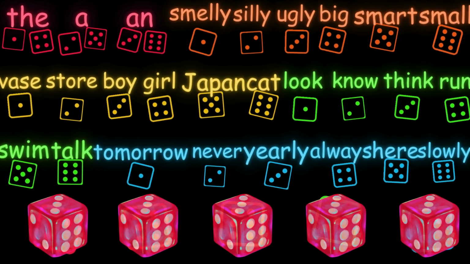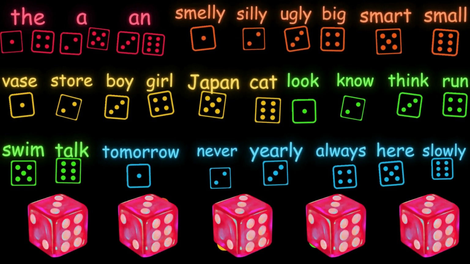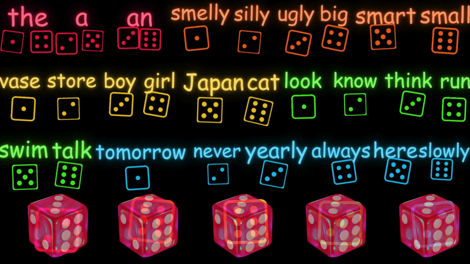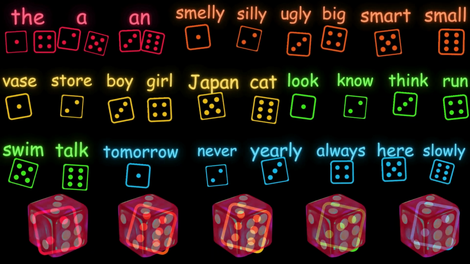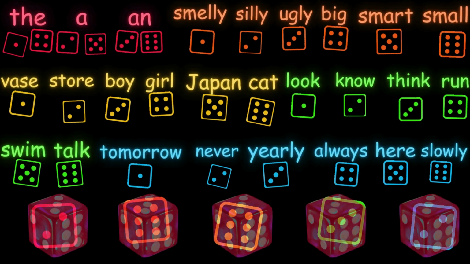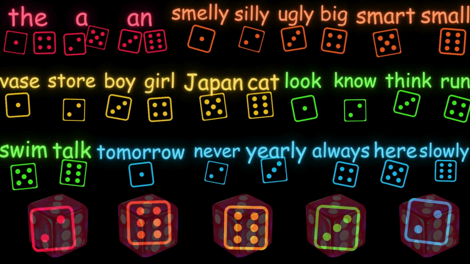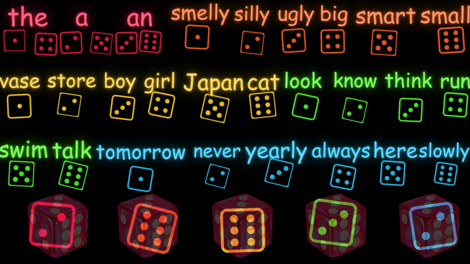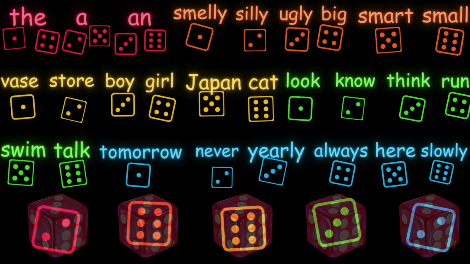And then when we're rolling for our yellow noun, we have a 6 again. So cat, a small cat. And then for our verb, it's 3, so think or thinks. And for our adverb, we got 2, so never.